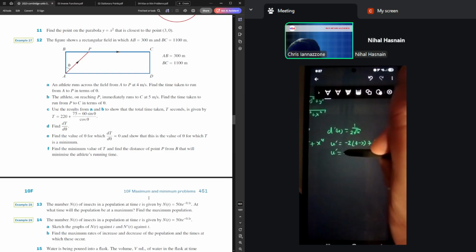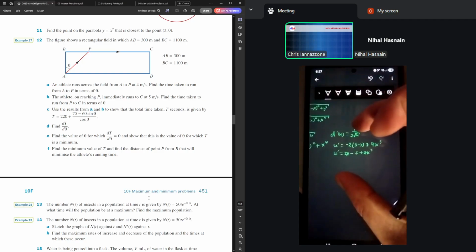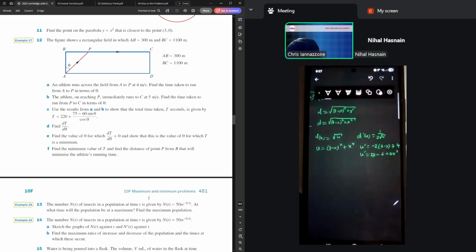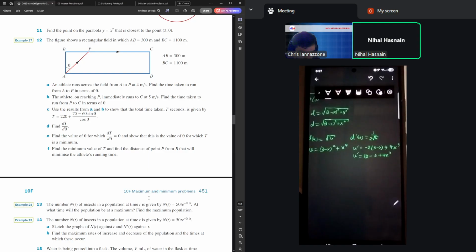So that'll be 2x from that minus 6, plus 4x cubed. Getting there. I have a suspicion this will be fun. Wait, oh yeah, that's negative. Okay, got it.